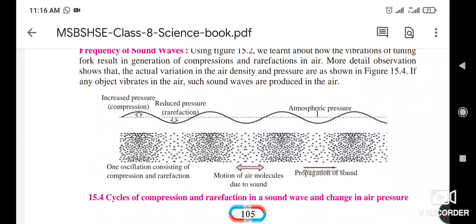This production of oscillation in the atmospheric pressure is called the propagation of sound.